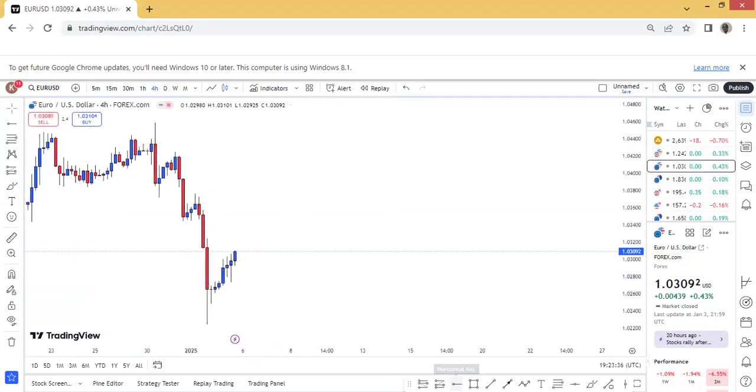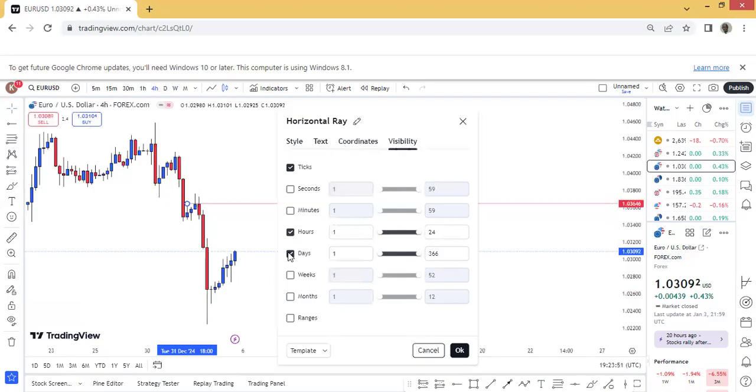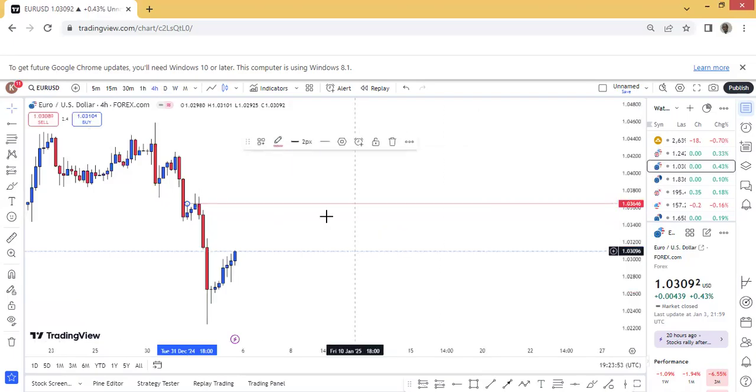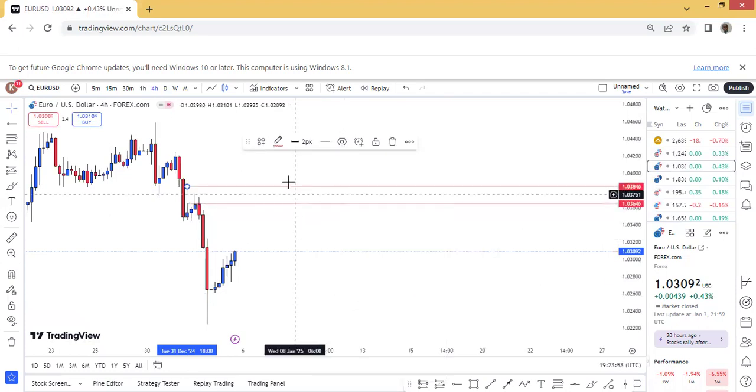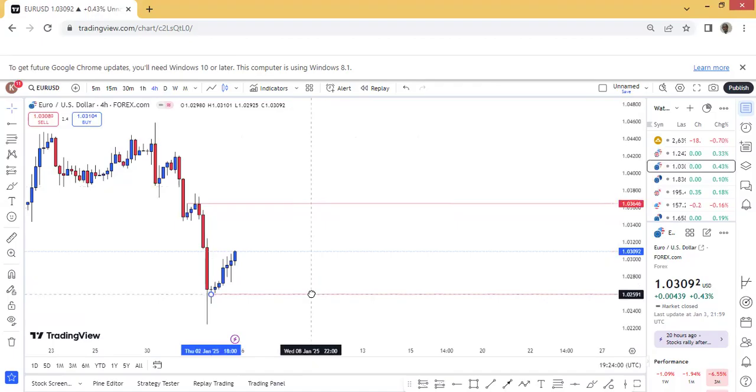The 4-hour has also made a new low, and it's very bearish. So we have all our 3 major directional time frames bearish. So this week, we are only looking to sell on EU.